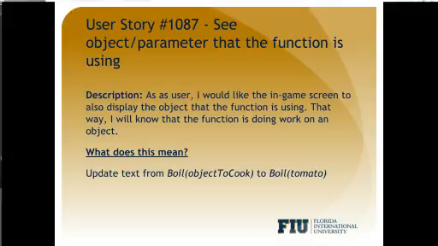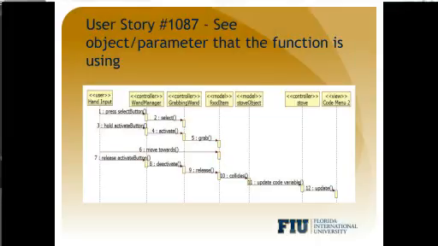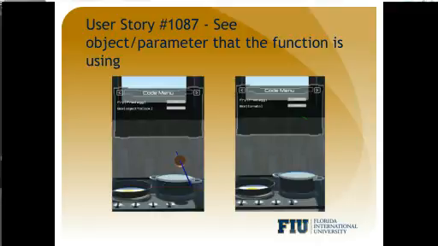Our main user story was to implement the interaction between food items and stove objects and displaying this in the code menu. This user story was very important because it added the main functionality for the application. We wanted users to be able to move food items in and out of the stove objects and for the application to know and display when these actions were taking place.